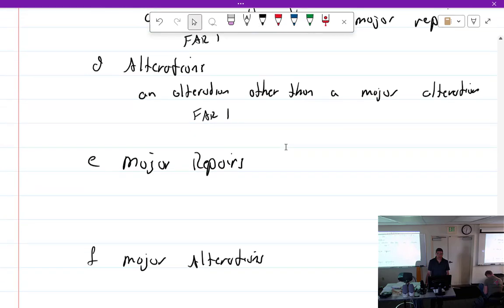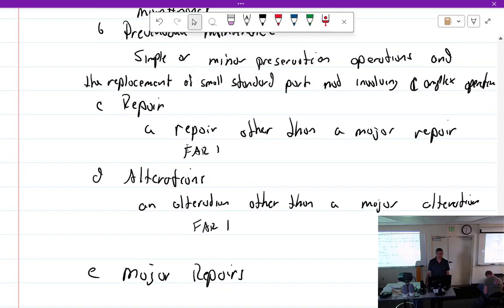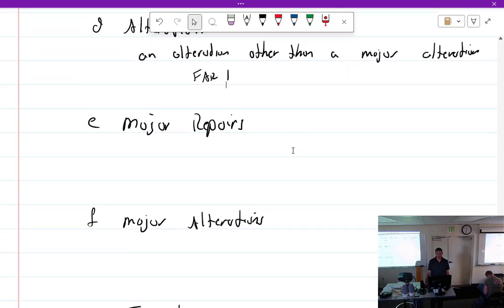But then we get into major repairs. Thank God, because up here it says anything other than major repair. Well, now we're talking about something. If I want to know what a major repair is, where do you think I would go? I would go to the FARs. And where would I look that up?